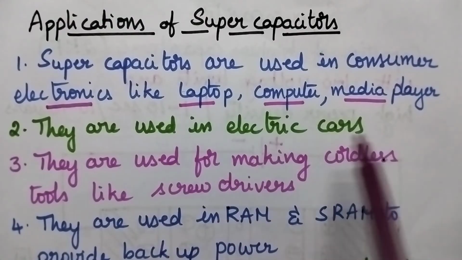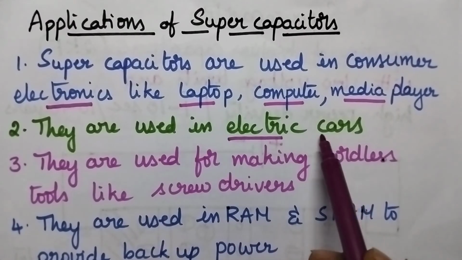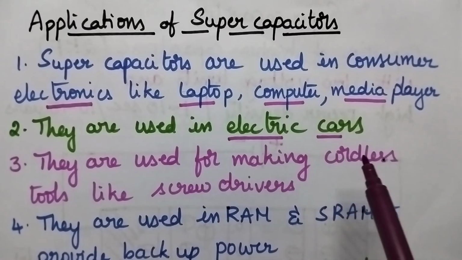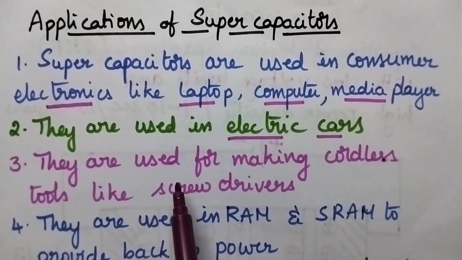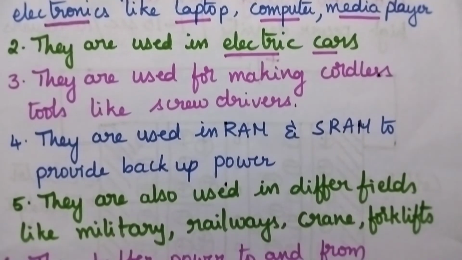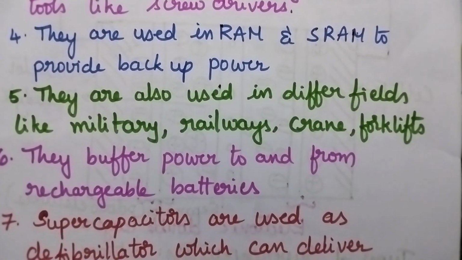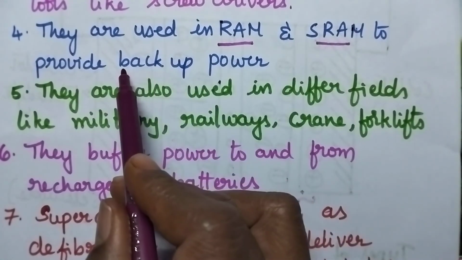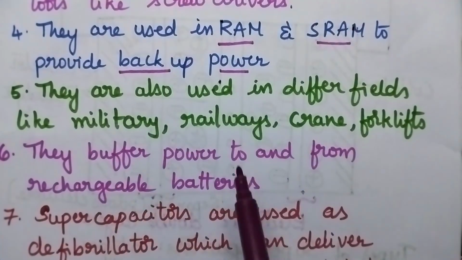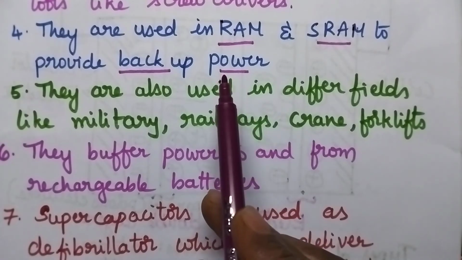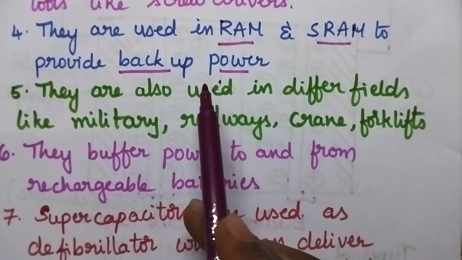They are also used in electric cars because the lifetime of the supercapacitors in these vehicles is high. They are also used for making cordless tools like screwdrivers. These supercapacitors are used in RAM and SRAM to provide backup power, so the backup power of computers is mainly due to the presence of supercapacitors.